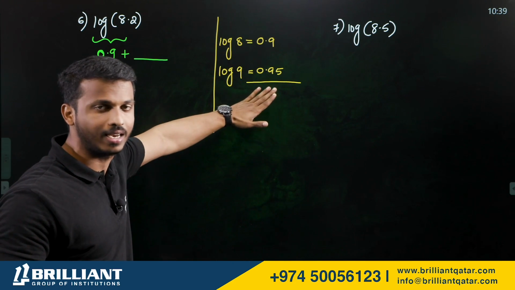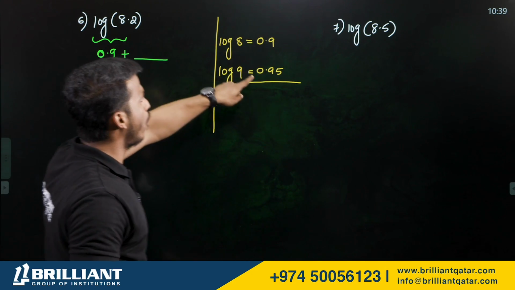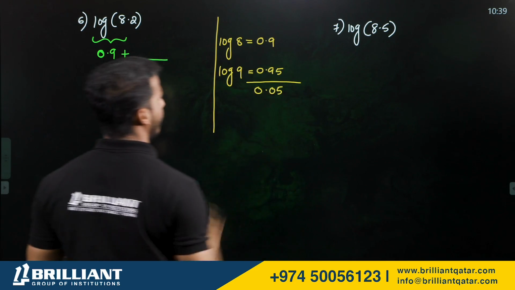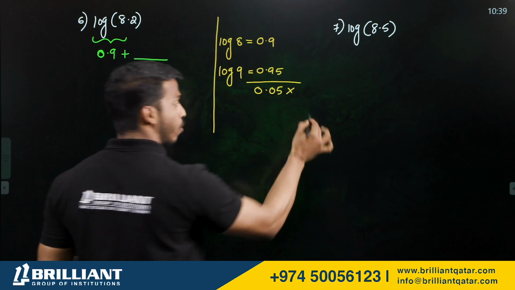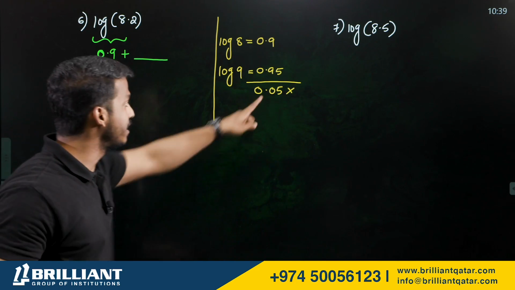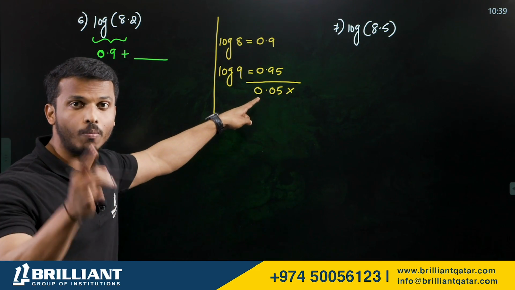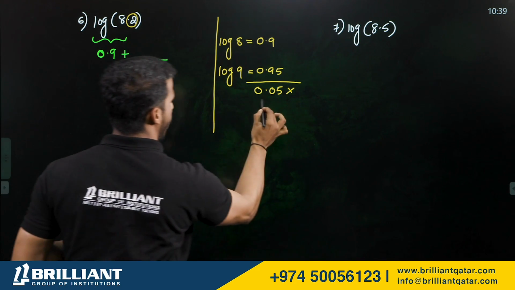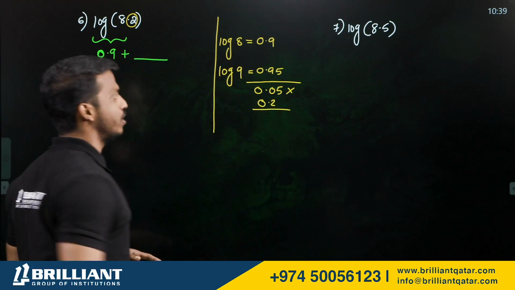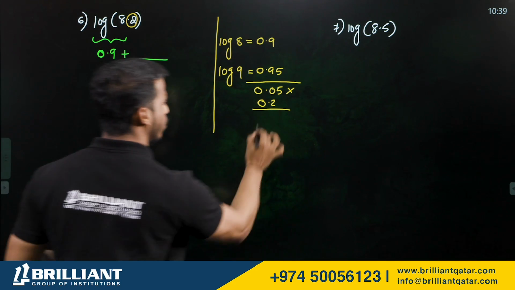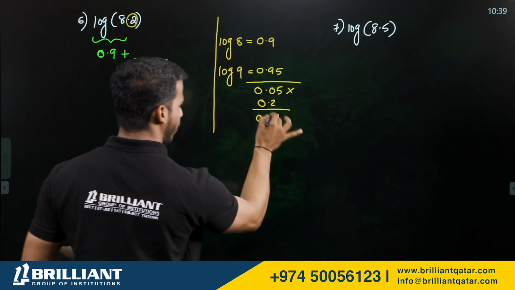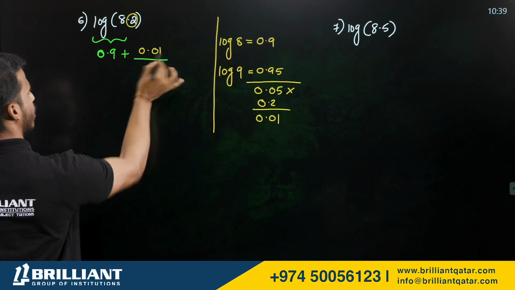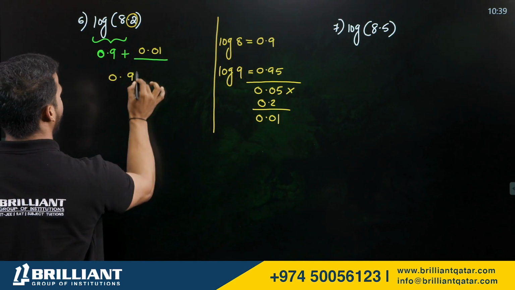Please don't write a negative sign here, always positive. 0.95 minus 0.9 is equal to 0.05. This difference we have to multiply with which value? This decimal value 0.2. 0.05 into 0.2 is equal to 0.01. That value, please substitute here: 0.9 plus 0.01 equals 0.91.